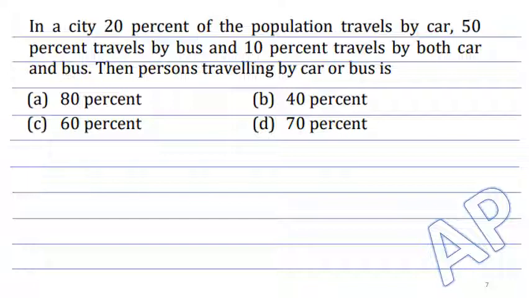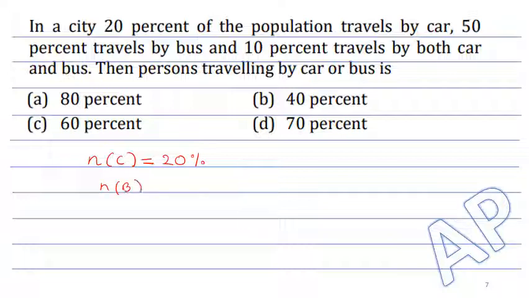In a city 20% of the population travels by car. Andre number of people who travels by car is 20% and number of people who travels by bus is 50%.